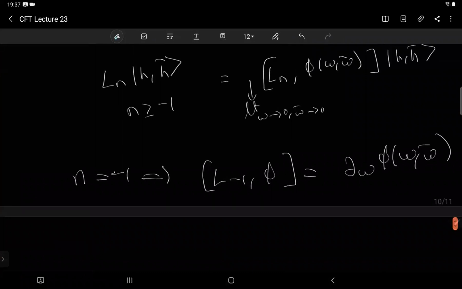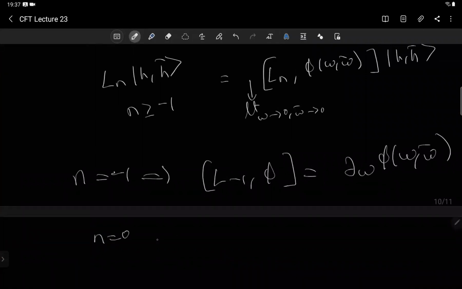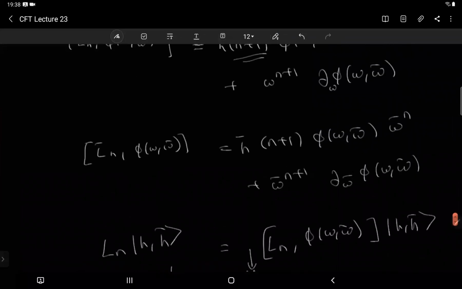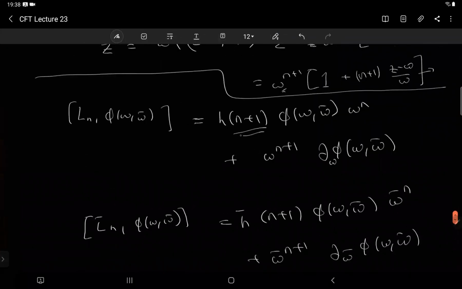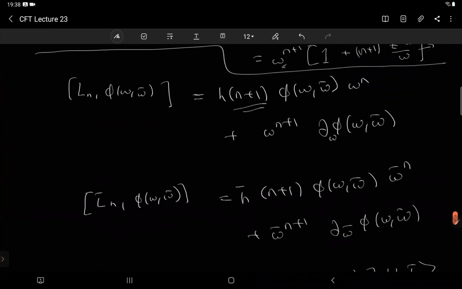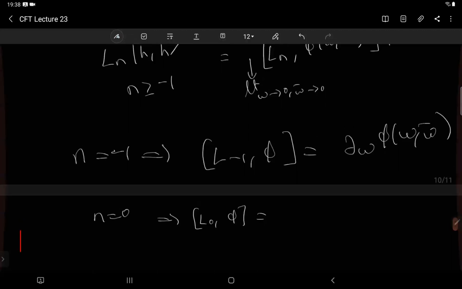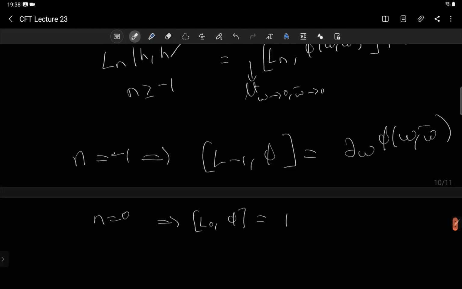Okay. Now you look at n equal to 0. In that case, what will happen? L0 comma phi commutator. What will you get? The first term will be h times phi, and omega to the 0 is 1. And here you'll get omega del omega. So L0 phi will give you h times phi omega, and the second term will be omega del omega phi.